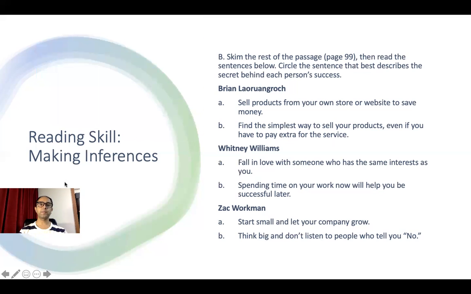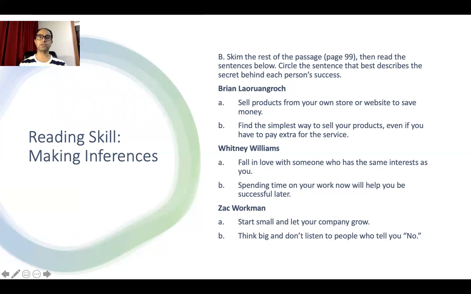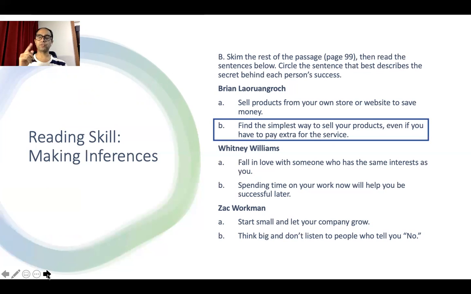For number 1, what's the secret behind Brian's success? So what answer did you have? Did you have this answer? Find the simplest way to sell your products, even if you have to pay extra for the service. So for this, how do you know the answer? The answer is from lines 17 to 20.